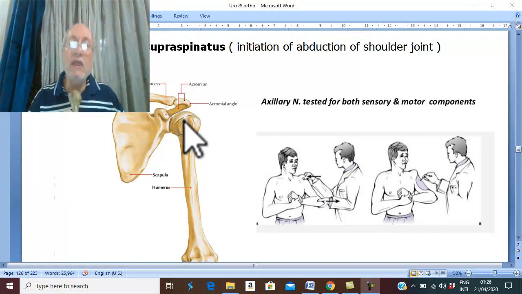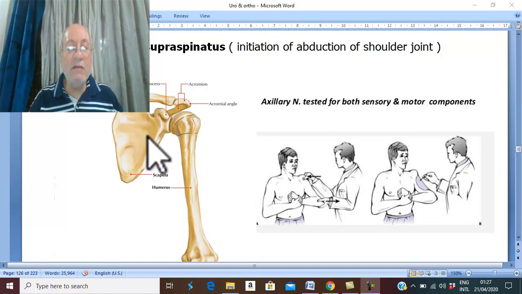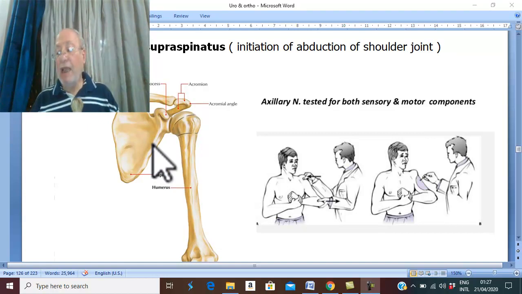We all know that in the axilla passes the axillary artery, and during displacement of the head of the humerus into the axilla, rarely there may be damage or injury of the axillary artery, but this is very rare.